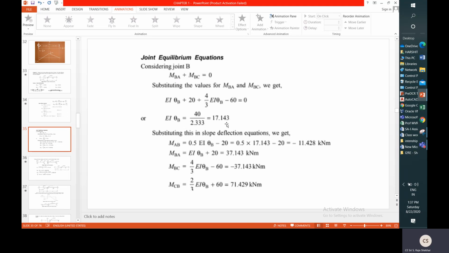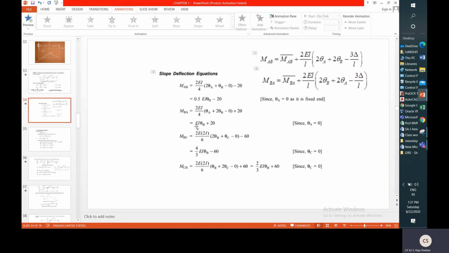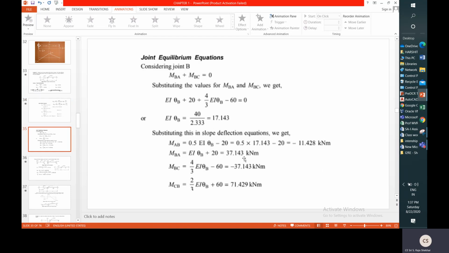Again, substitute this in the MBA equation that we formed earlier, and you will get MBA is equal to 37.143 kilonewton meter. Substitute in MBC, we will get minus 37.143 kilonewton meter. Substitute EI theta B in the MCB equation, you will get 71.429 kilonewton meter. Like that, we calculate all the final end moments, not fixed end moments.